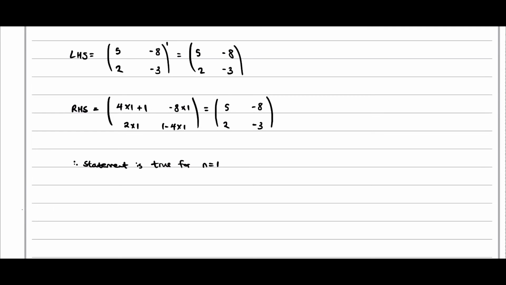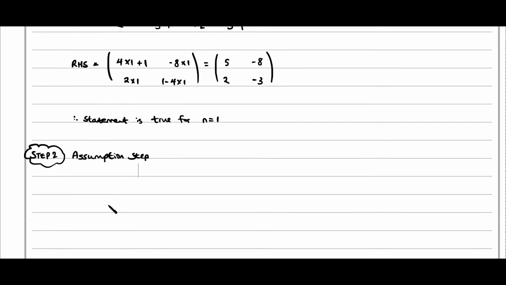Our second step is our assumption step. And when we talk about the assumption step, what we are doing over here is we will assume the result is true for n equals k.